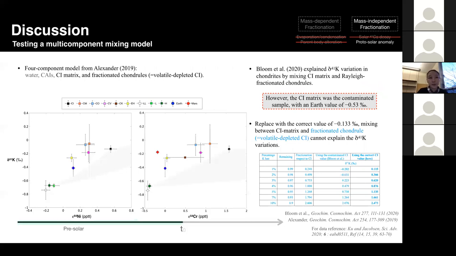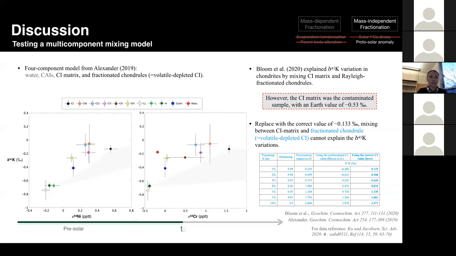In our paper, we also tested whether this correlation can be reproduced by mixing multiple components, especially the model proposed by Alexander in 2019. This model was used in a previous work by Bloom et al. to explain their potassium isotope data.